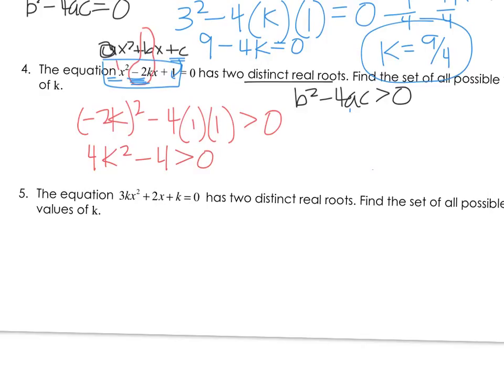And if we were to solve for k, I can add 4 to both sides. I get 4k squared is greater than 4. So k squared is greater than 1. So what is k? K has two solutions.